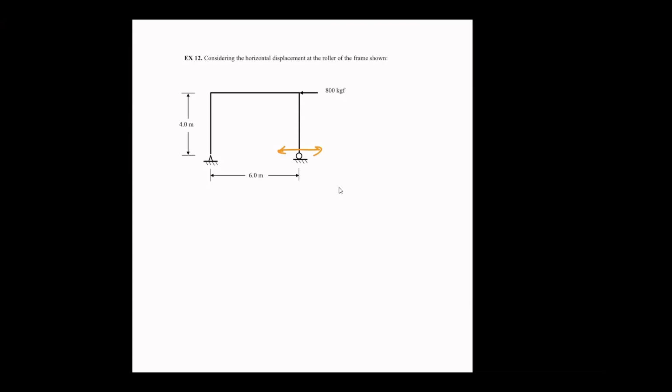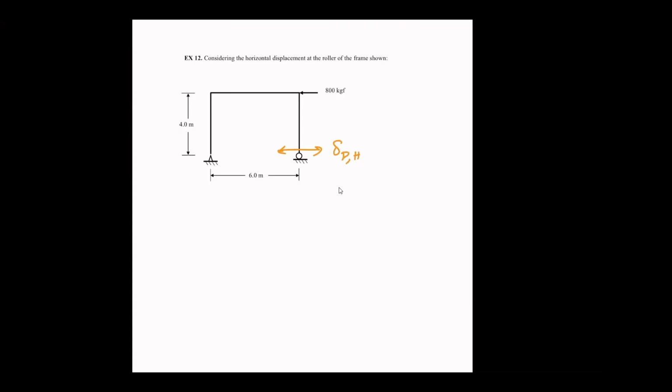So let's call that delta D. The horizontal reaction is given if you know this value.